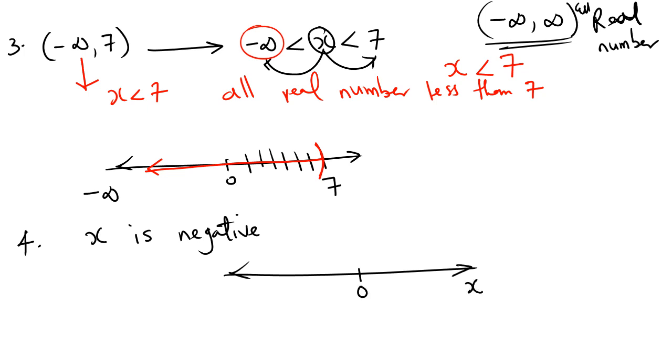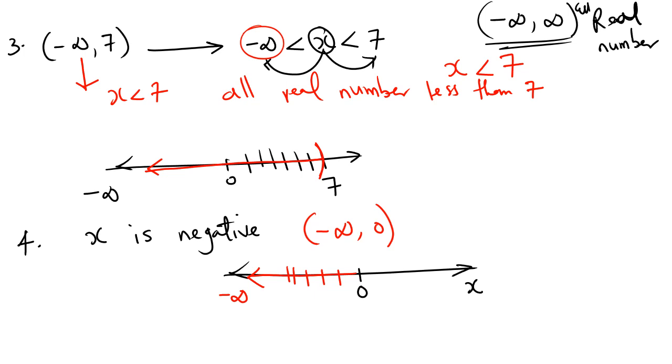All the negative numbers are numbers to the left of 0, to the left of the origin. So all the negative numbers are this way, which means you have negative infinity this way. So in order to write this, it just means the interval can be represented as that.